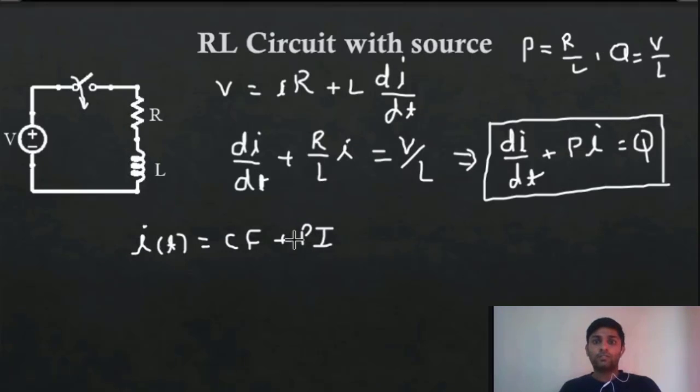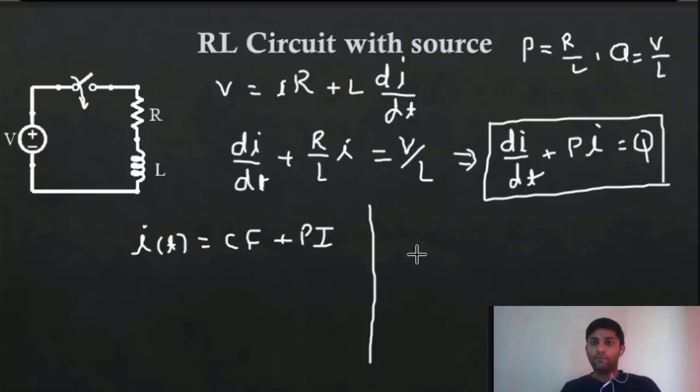The particular integral is nothing but the steady state condition, and CF is nothing but the transient condition, or the response of the homogeneous equation, and the rest is given by PI. So the value of CF can be achieved by only this equation.